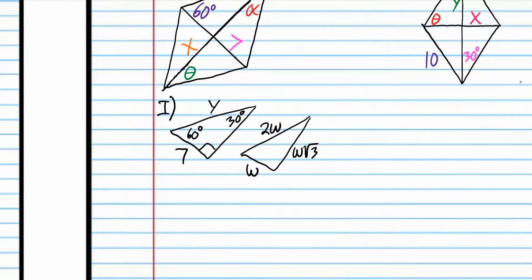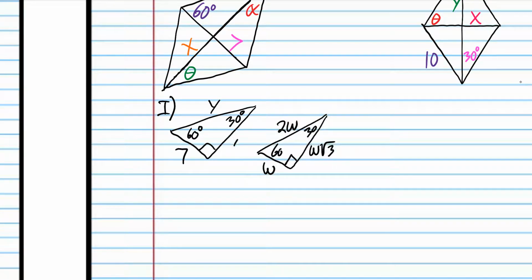And we have 60 degrees, 30, 90. And so that means that w is 7. So that means that the other side, the side opposite 60, that should be 7 root 3. And y should be 2 times 7. So y is going to be 14.